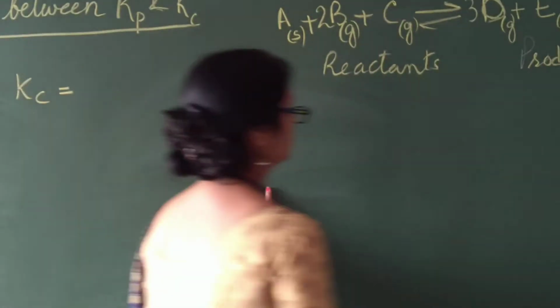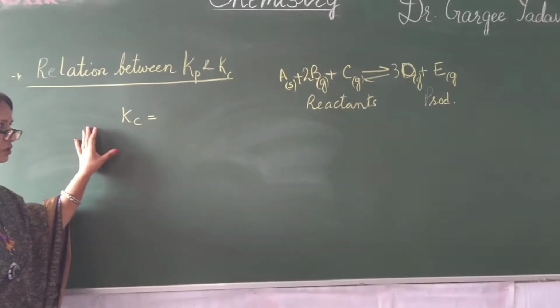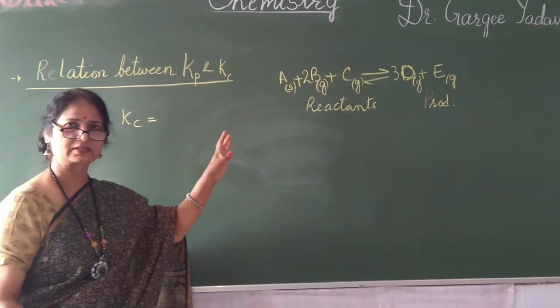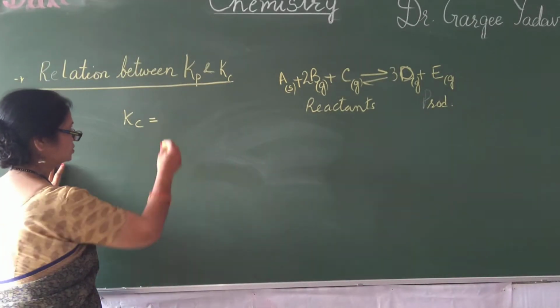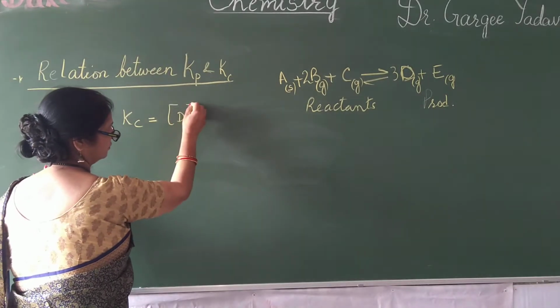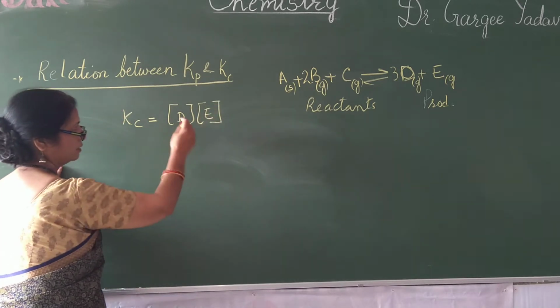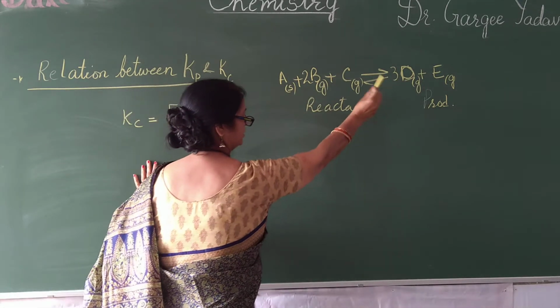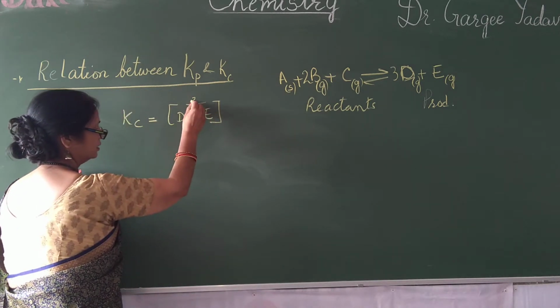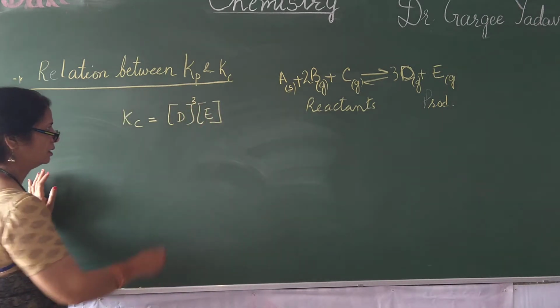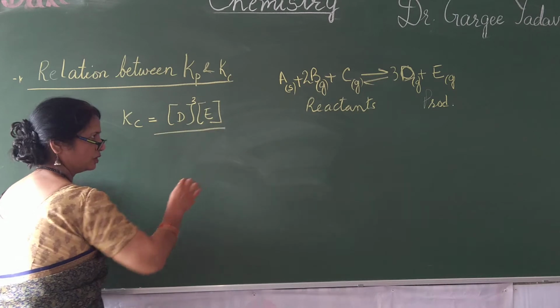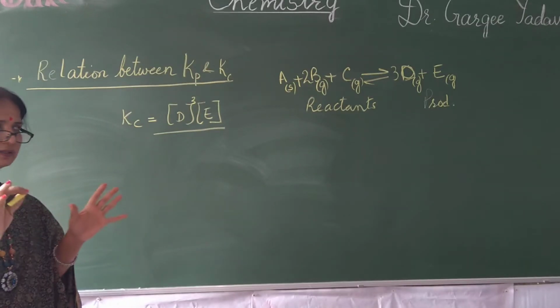So Kc will be equal to the product of the active masses of the products first of all. So what is it? D and E. And here the stoichiometry is 3, so we will write 3 as the power of D, divided by the product of the active masses of the reactants.